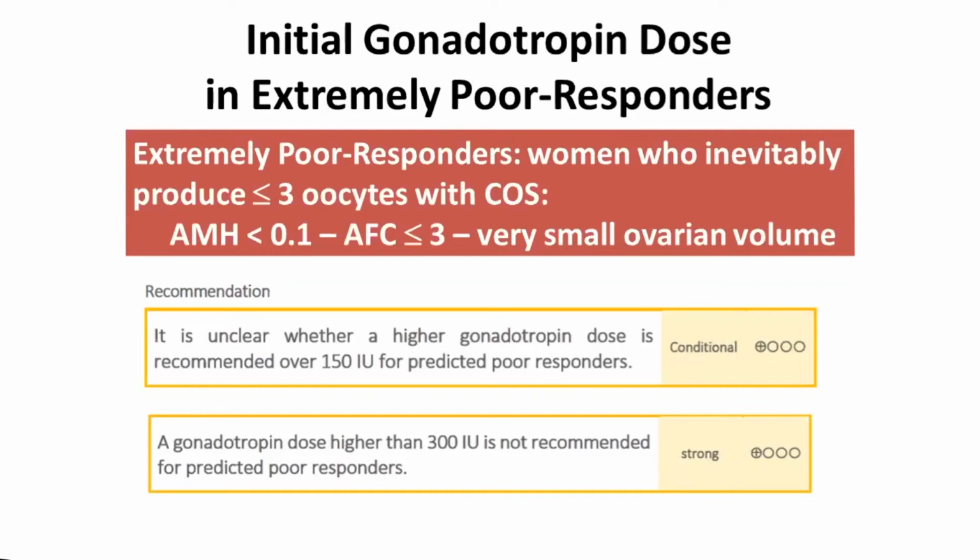Otherwise, there is no value of increasing the dose beyond 300 or even 150 international units per day. And it's preferable for such patients to do stimulation on multiple cycles to get 2 or 3 oocytes each cycle and do more than 1 cycle to collect the adequate number of oocytes you need.